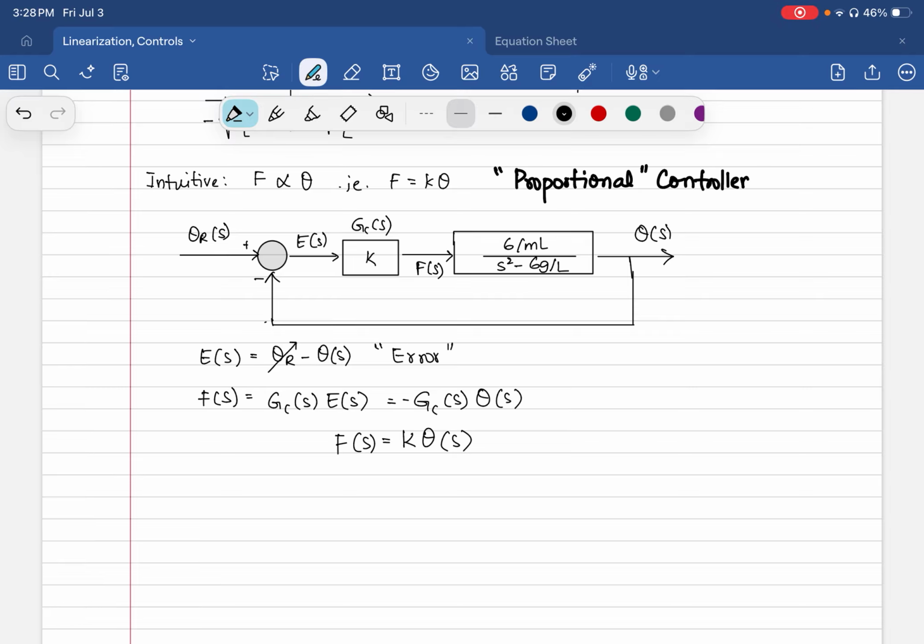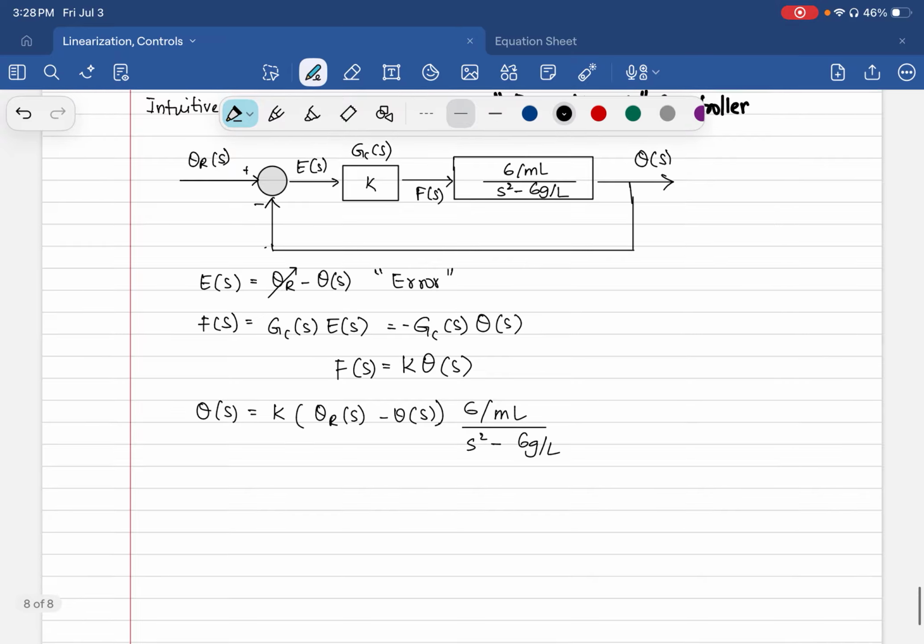So I will then have theta of s is equal to k times theta r of s minus theta of s times 6 over ml divided by s squared minus 6g over l. And if I were to now extract the theta of s alone and do the work, I'll have k times 6 over ml over s squared minus 6g over l minus 6k over ml.